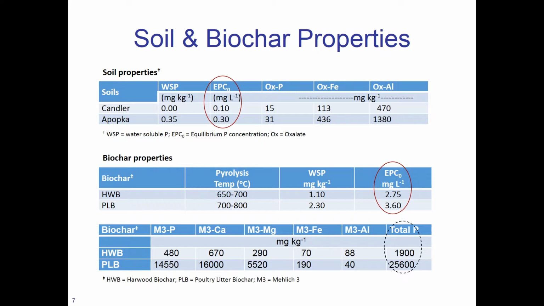These are very, very high numbers. And the corresponding Mehlich-3 values are also much higher in the poultry litter biochar compared to the hardwood biochar. What this simply means is that the two biochars have different potential to release phosphorus, and at the lower concentration ranges, the EPC values for both the biochars are greater than the unimpacted soils in this study.